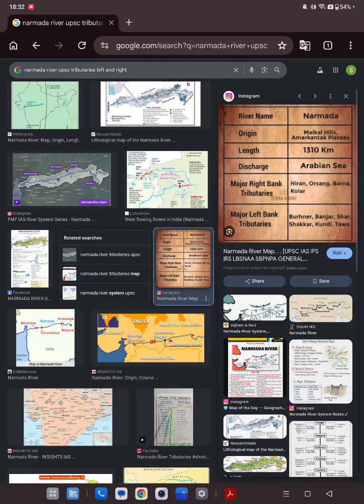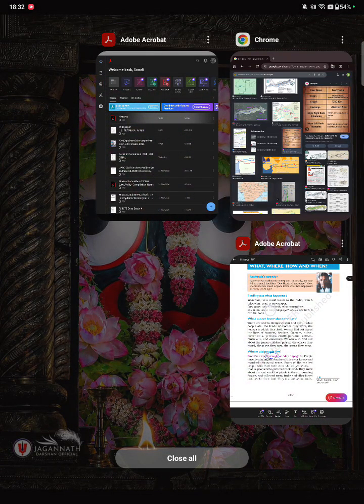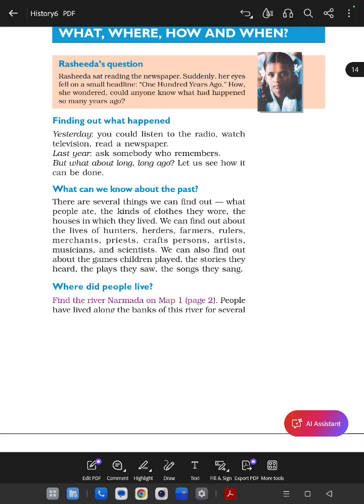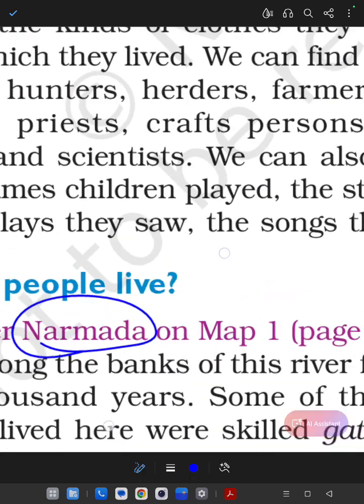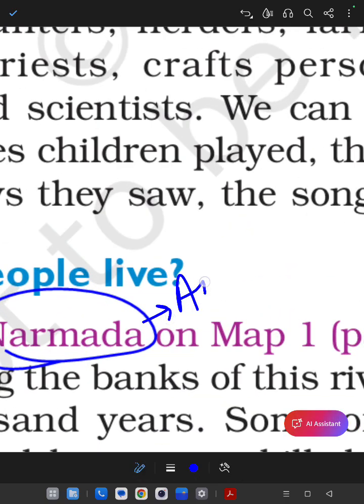Now let us return to the PDF that we were reading, the NCERT. Here we now have some ideas about Narmada. We can say that it is originating in the Amarkantak plateau.